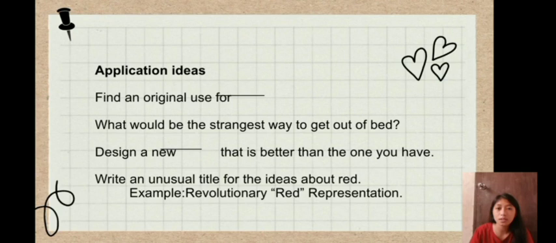And then also, write an unusual title for the ideas about red. Example, revolutionary red representation, and among other things. So that's all for the Torrance creativity framework.